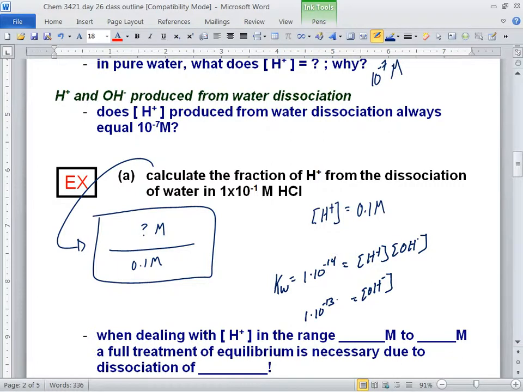Can I do stuff in my head? I think I can, right? So 1 times 10 to the negative 13 is the number that we need to put right up here. So my fraction would be, let's say, 1 times 10 to the negative 12, right?